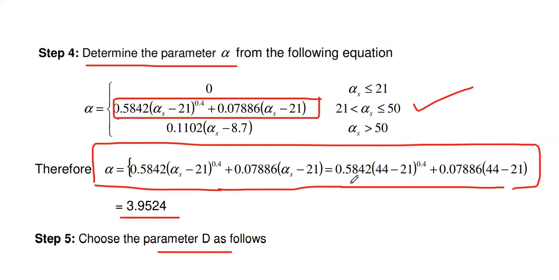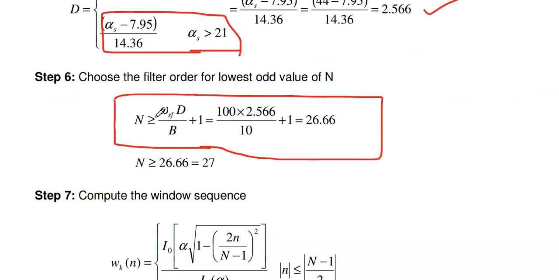Substituting all these values in the n formula plus 1, we get 26.66. Always the order should be an odd number, so we round 26.66 off to the next integer, 27. So here we are going to design the filter of order 27. So n is calculated.